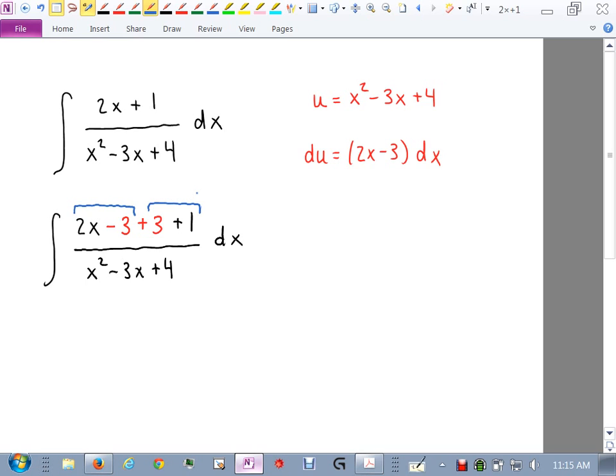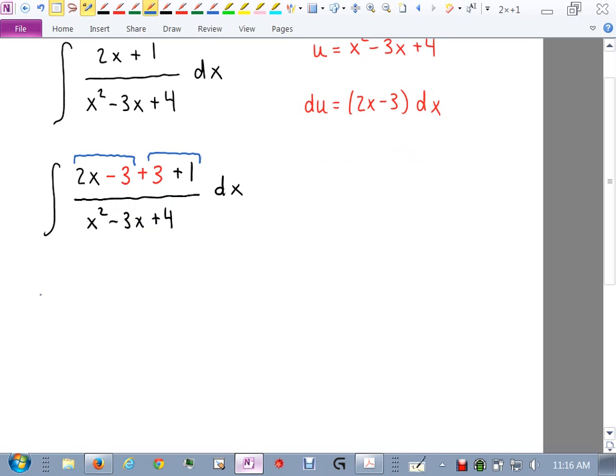The first one would be 2x minus 3 over that whole denominator, and then the other one would be plus the integral of 4 over x squared minus 3x plus 4 dx.